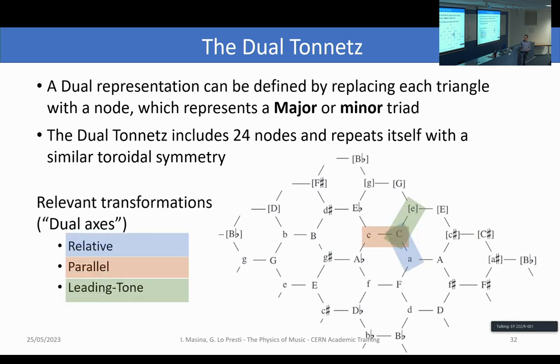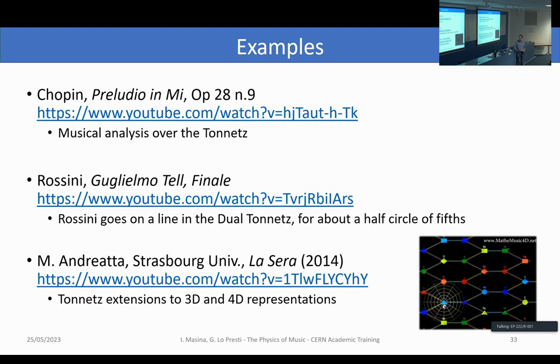And in this case, the transformations are what musical theorists call relative, parallel or leading tone transformations between chords, which are also very common in music. Now we're really going more and more into music, more than physics or even mathematics. Again, this is something that has been done, and there is even active research nowadays, in fact.